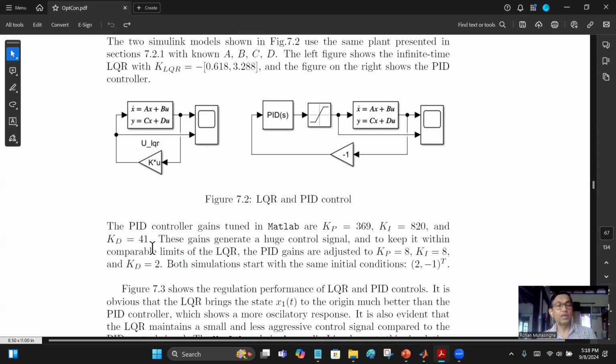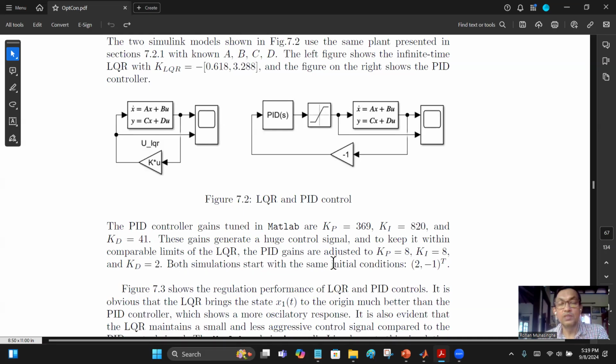It's a fully fledged PID controller. These gains generate a huge control signal because they are very big gains. This is what MATLAB generates, certainly not feasible for the control limit. So eventually the PID gains were adjusted to KP 8, KI 8, and KD 2, something like that.